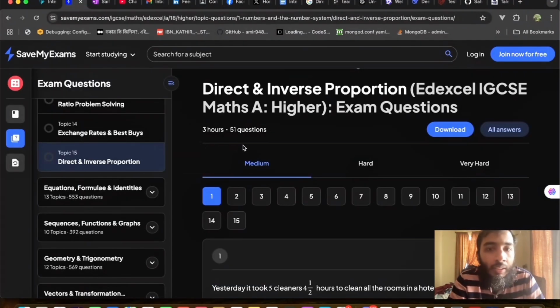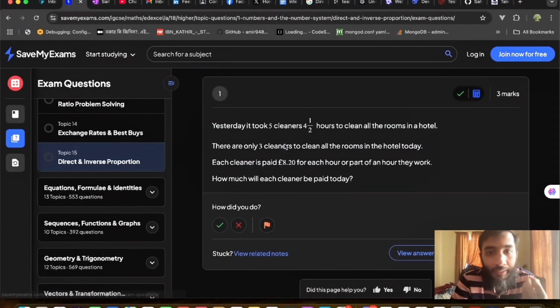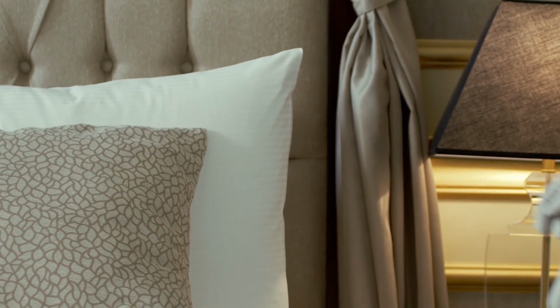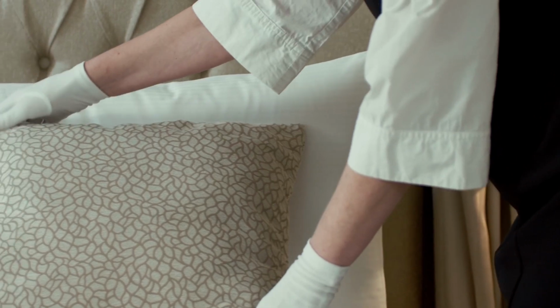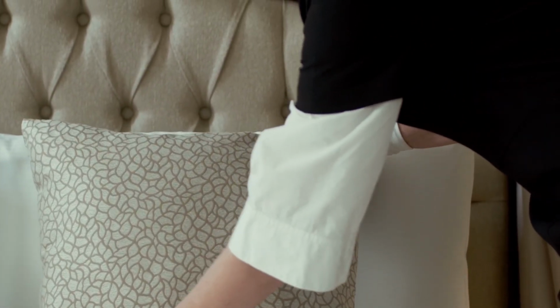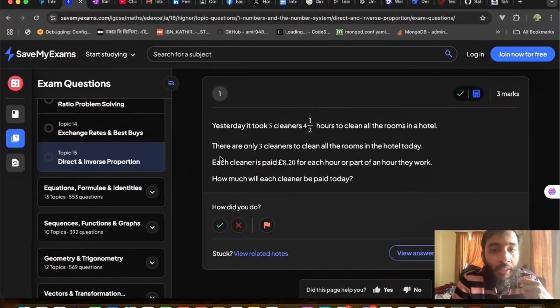Now let's attempt the first problem on direct and inverse proportion. Let's read the problem. It says, yesterday it took 5 cleaners 4.5 hours to clean all the rooms in a hotel. There are only 3 cleaners available to clean all the rooms today.